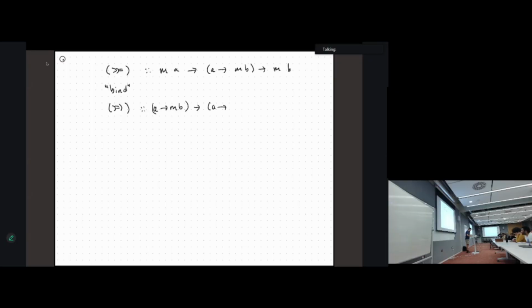So I'll just put the fish, B to MC. I'll put fish here just so you can see it. They're interdefinable, and the reason that bind is sort of the default version that we need to implement is because it kind of works better from the type perspective.